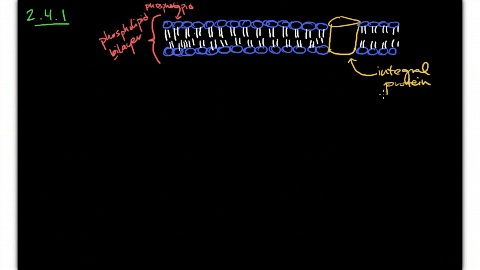Also embedded in, I'm just going to put this on top of this because I don't want to extend this drawing too much. Let's just draw it right on top here. We have some things that have this protein, and then we've got some carbohydrates that come off of it, and these are called glycoproteins.